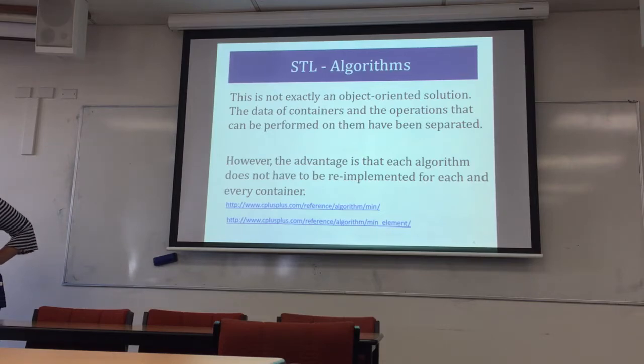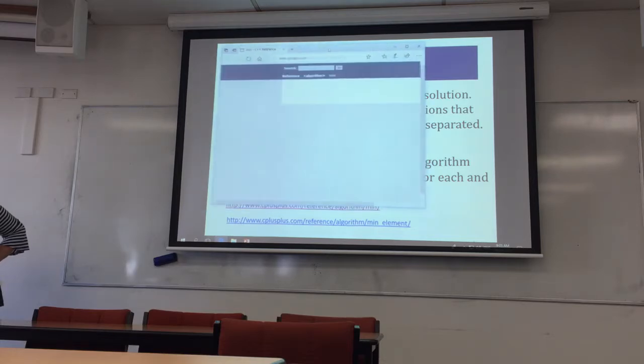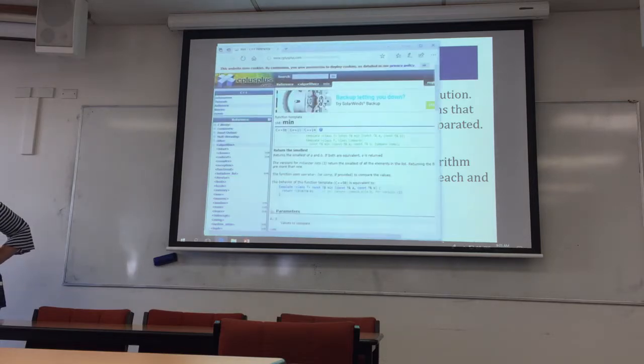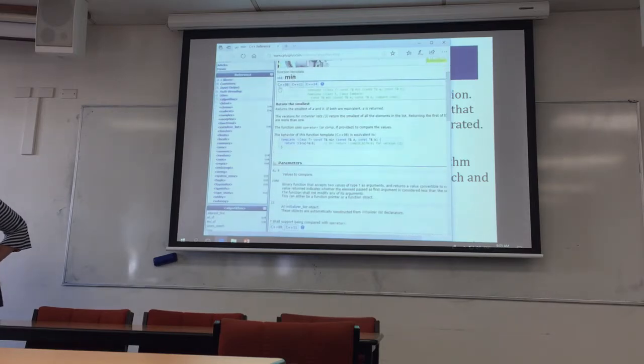So as you can see, we have min algorithm and min element. The minimum algorithm, which is provided in C++98, came in 2 forms, and you can see it's a templated function, right?